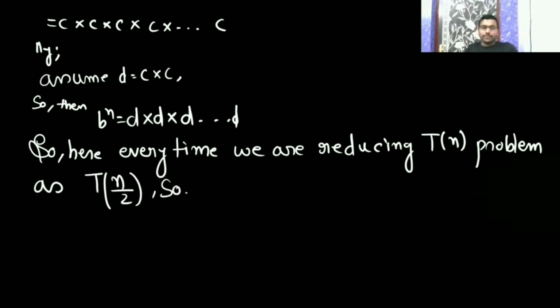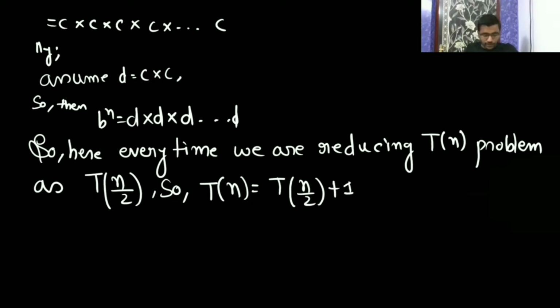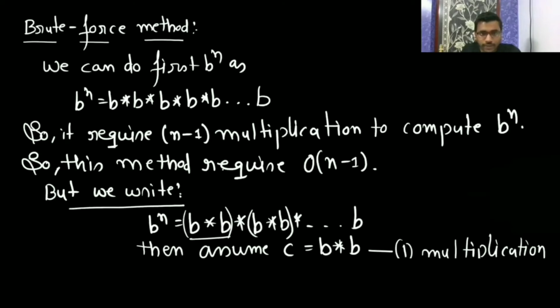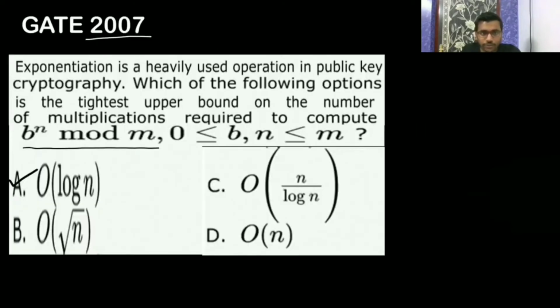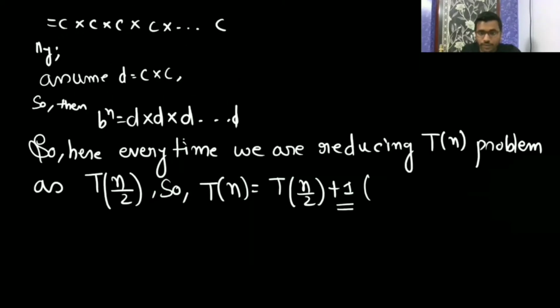So the time complexity is going to be T(n) equals T(n by 2) plus 1. Why this plus 1? For the mod operation. This plus 1 is the constant time we require, because after b to the power n, they have said mod m. So this plus 1 is for the mod operation, which takes constant time.